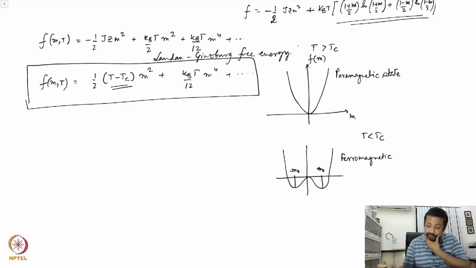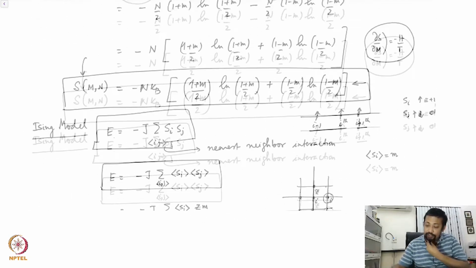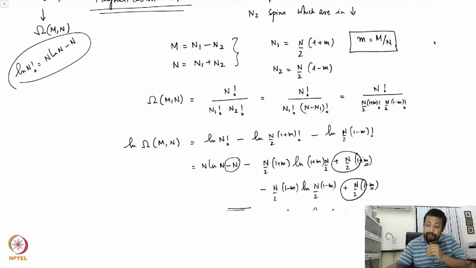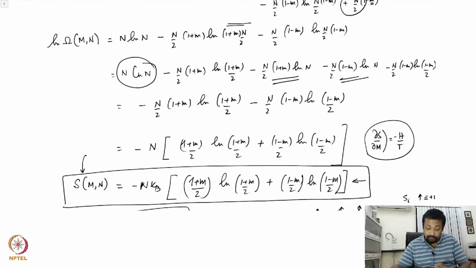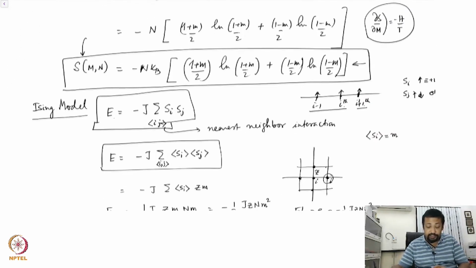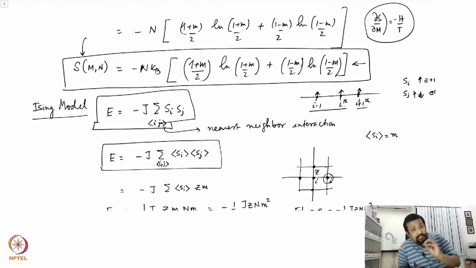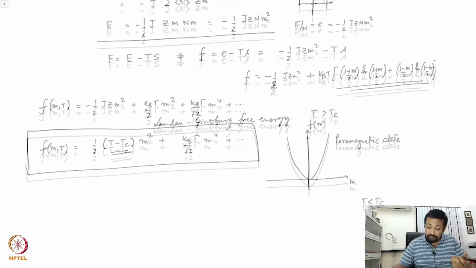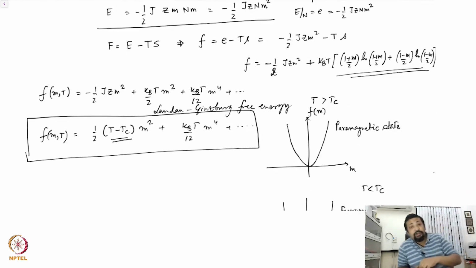We will not take this further, but I wanted to illustrate that starting from this microscopic picture of the spins, we can derive not only the entropy, but even if we just consider the interaction energy in the mean field limit, we can actually come up with this very elegant description of a paramagnetic to a ferromagnetic state.